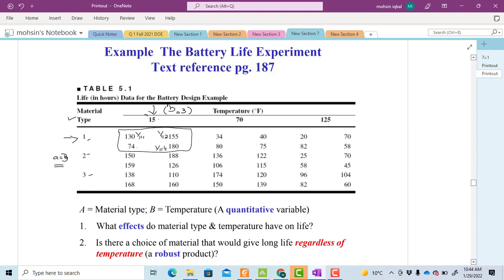The first index means material type 1, the second means temperature level 1, and the third means it is the first replication. Replication is performing the experiment at the same conditions.